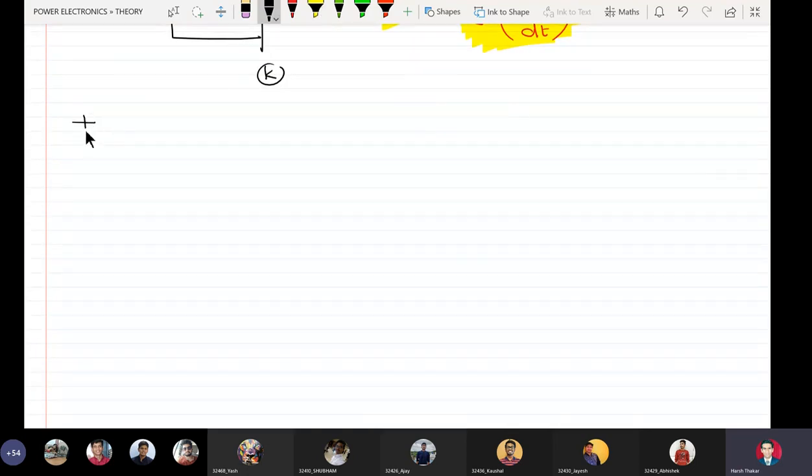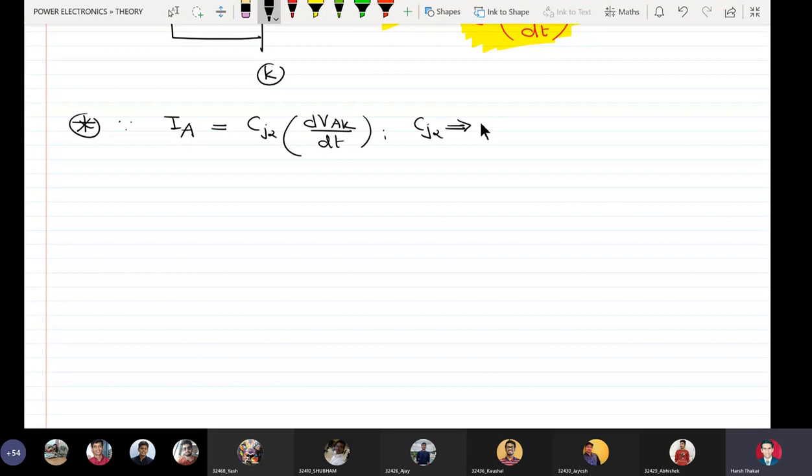So we can say here that since IA is equal to CJ2 into dVAK by dt, and CJ2 is actually a function of the SCR's fabrication, so CJ2 is constant.